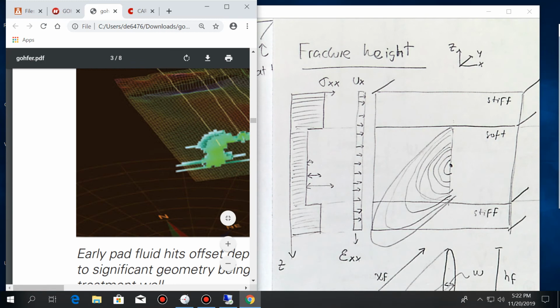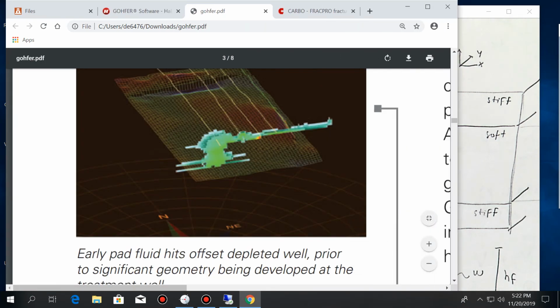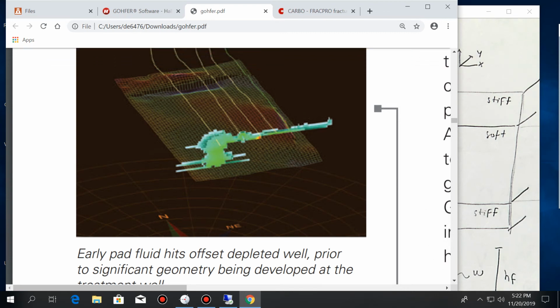And that's why you see over here in these fractures that the fracture tends to cover a greater length in the vertical direction close to where it's injected, as opposed to the tips. That's because the net pressure at the injection point is a lot higher than at the tips.